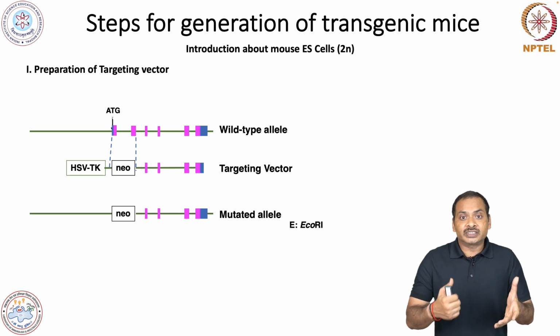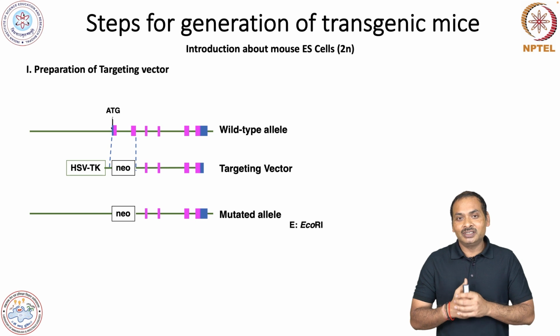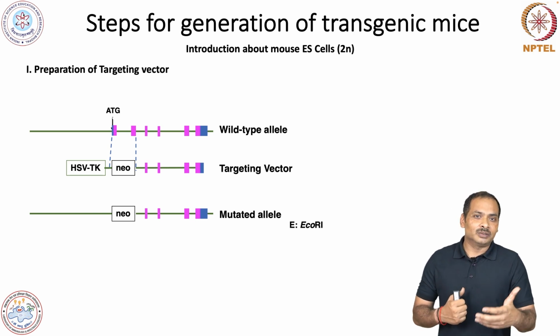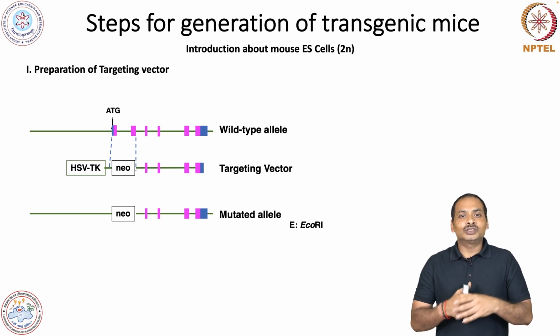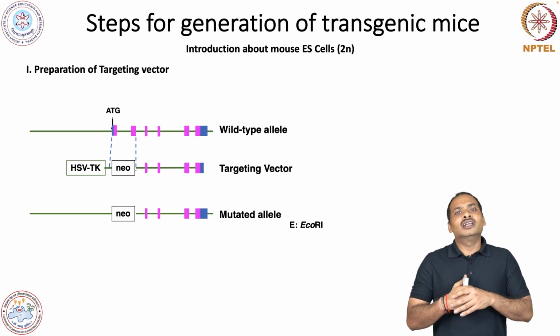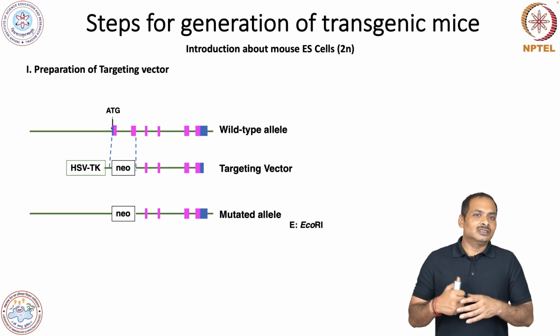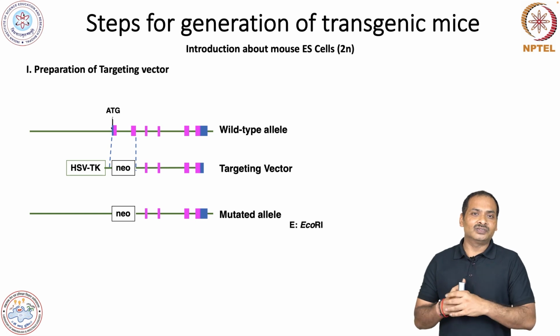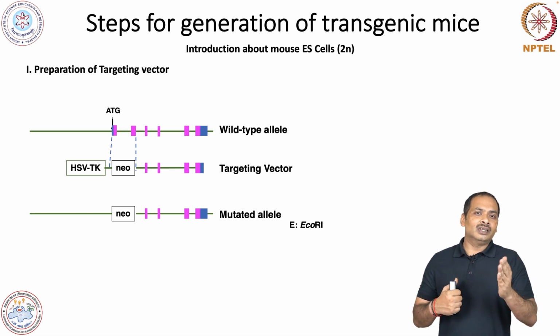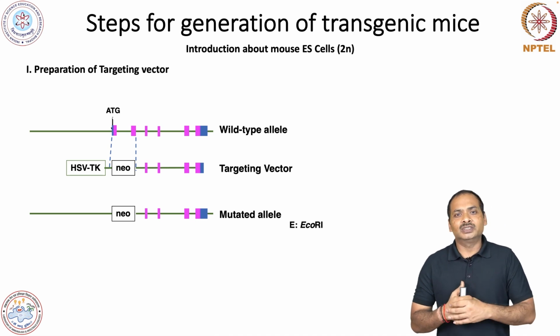So, if you are successful, then you will get it like that. And please remember one more thing: this is a diploid system, it is not a haploid system. So, the story will not end over here. There is another level of challenge, how to make it diploid. That is reasonably simple, but making a hetero kind of thing, meaning one allele is mutant and the other allele is wild type, that itself is a big challenge.